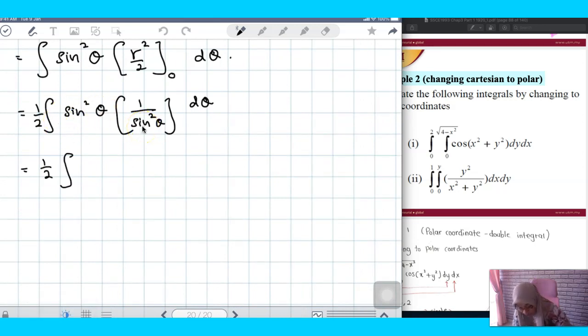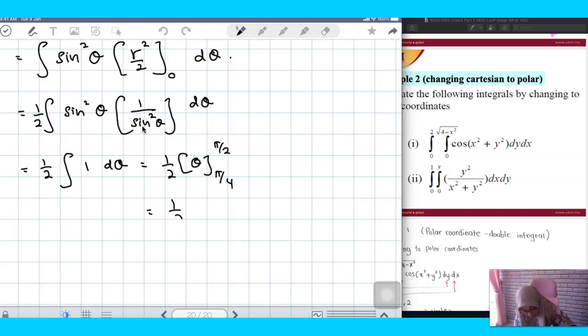Okay, so now I know why they asked us to use the polar, because in terms of the integrand, we have a very simple expression. Sine squared over sine squared, it is gone. So 1 d theta. So 1 over 2 theta, from pi over 4 to pi over 2.